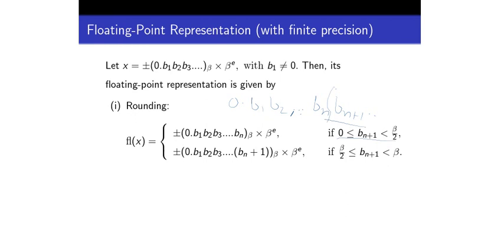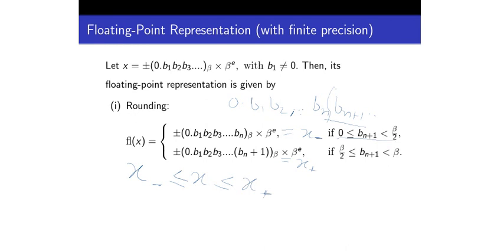Let's say this is x minus and this is x plus. I say this because it should be clear that x minus is less than or equal to x, which is less than or equal to x plus. So x minus is sitting on the left of x and x plus is sitting on the right of x.